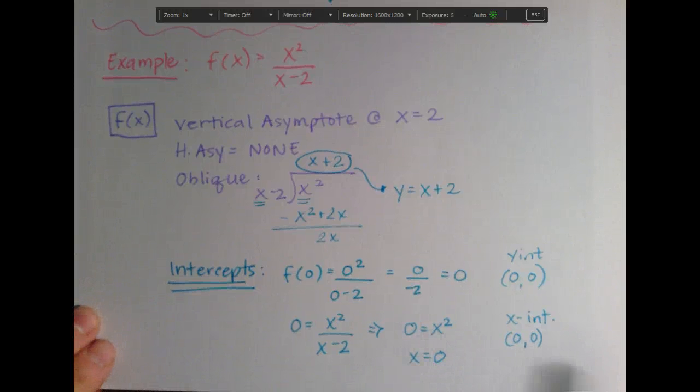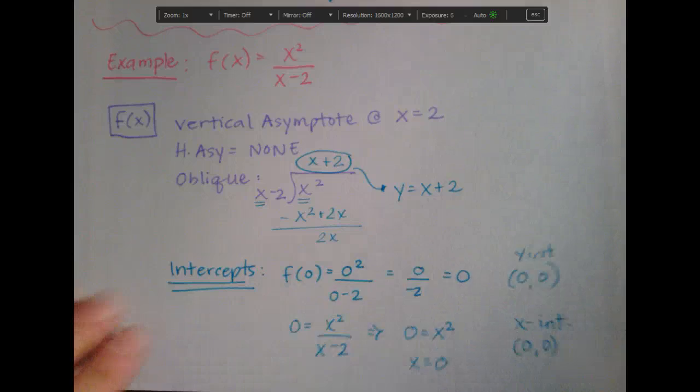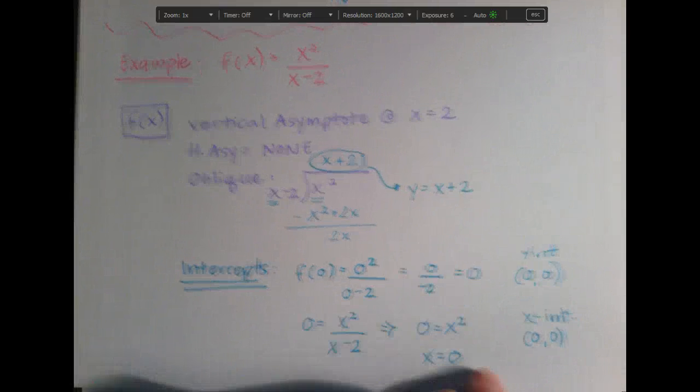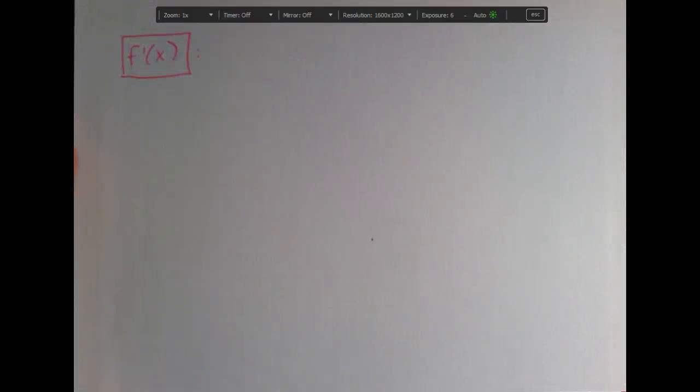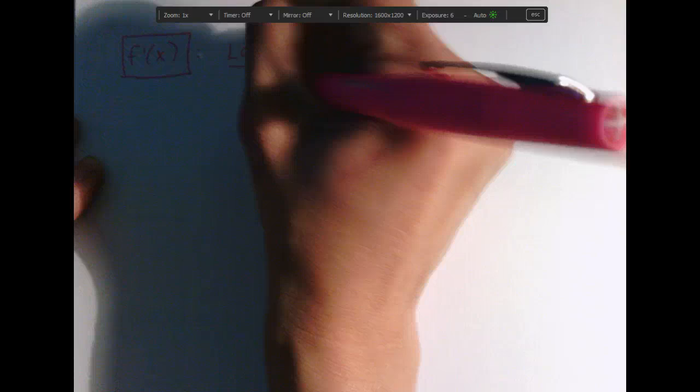Alright, so let's move on to the first derivative test and see what that can tell us about increasing, decreasing, and local extrema. First we have to find our first derivative, and in order to do that here, I need to use the quotient rule. So remember, low d high minus high d low over low low.